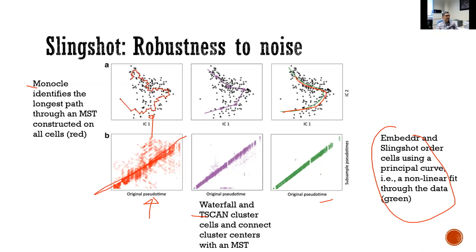However, in the Slingshot case, the correlation between the original pseudotime setting and the established one is highly correlated. So this is very robust to noise.